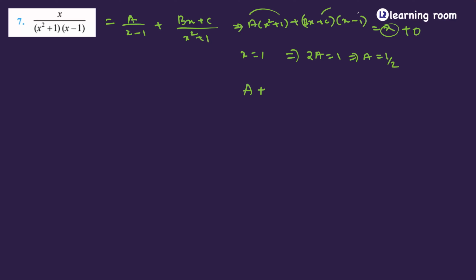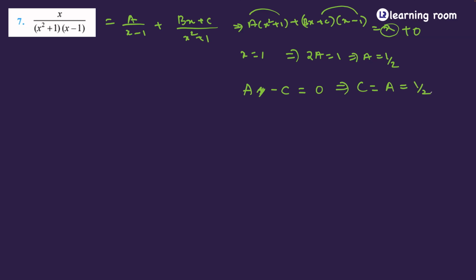Whereas c is going to get multiplied with minus 1, you will have a constant. So I can say a minus c is equal to 0. Why? Because a into 1 is a, c into minus 1 is minus c, and the constant on the other side is 0. So a minus c is 0 means c is equal to a. Since a is half, c is also half.